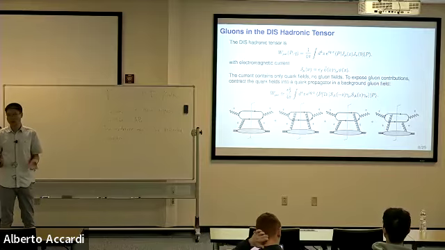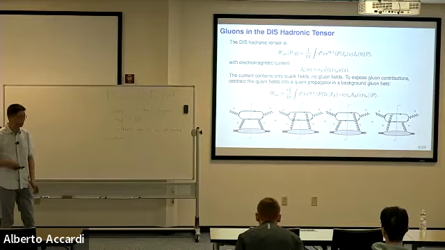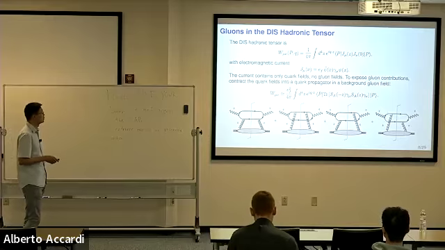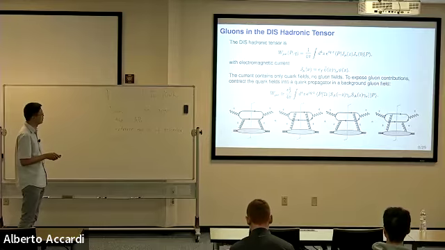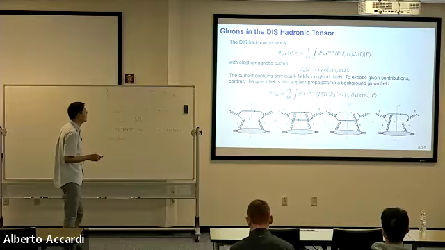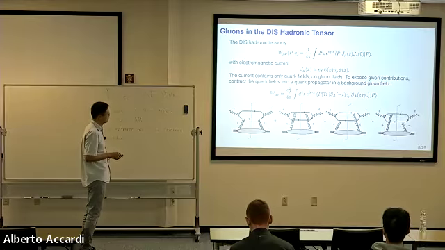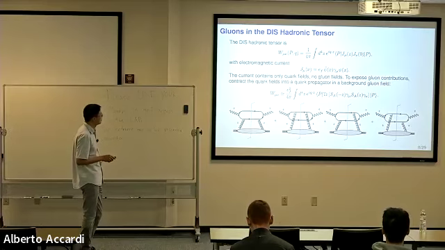Because we are in the small x regime, which is the Regge limit, but we didn't talk much about this gluon contribution in the Bjorken limit. So now we want to briefly outline how it works in the Bjorken limit.